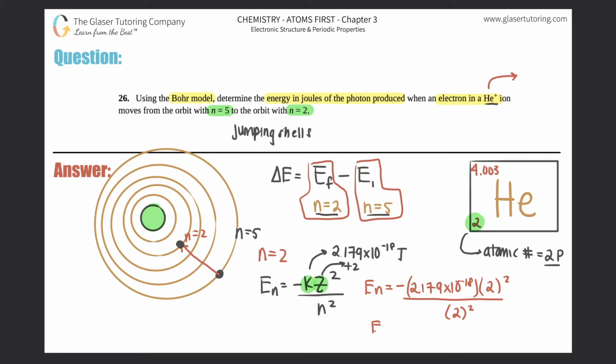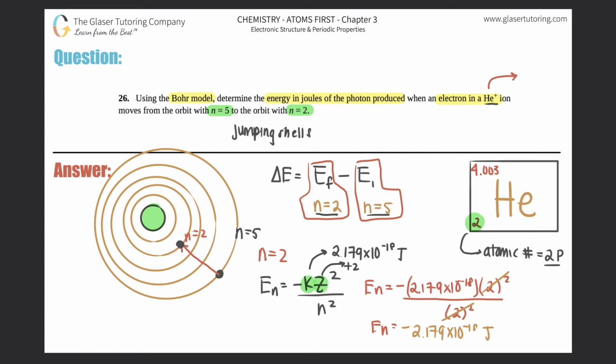So En equals negative 2. Well, it looks like actually these would cancel out, right? 2 squared on the top divided by 2 squared on the bottom, it's exactly the same. So this number would be exactly the same, negative 2.179 times 10 to the negative 18th joules.